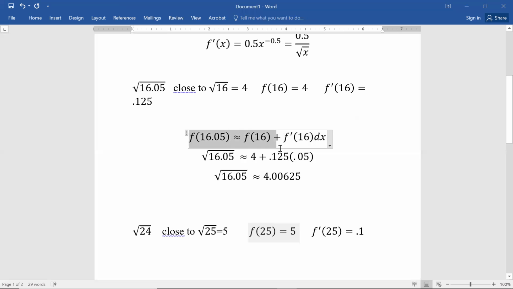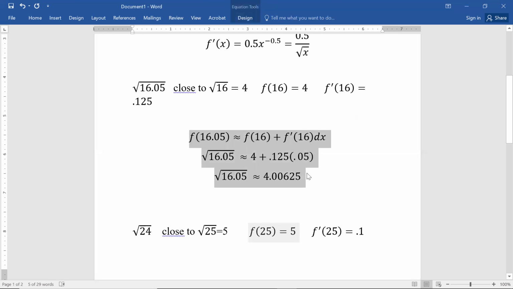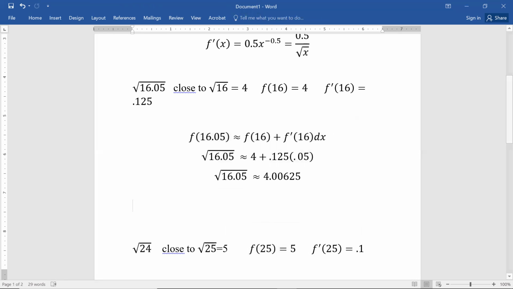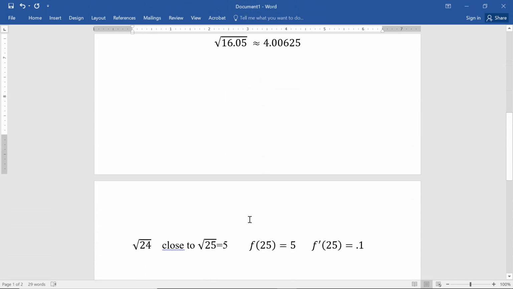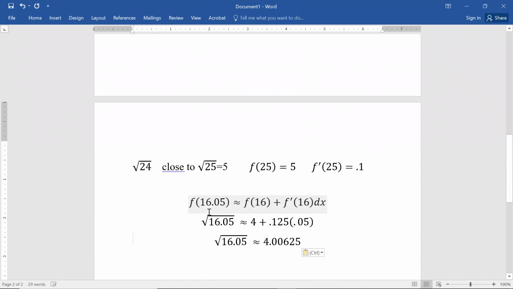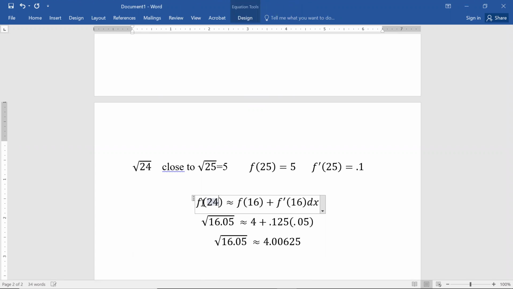I'm going to copy and paste what I did here and just change the numbers. f of 24 is equal to f of 25 plus the derivative of f at 25 multiplied by the change in x.